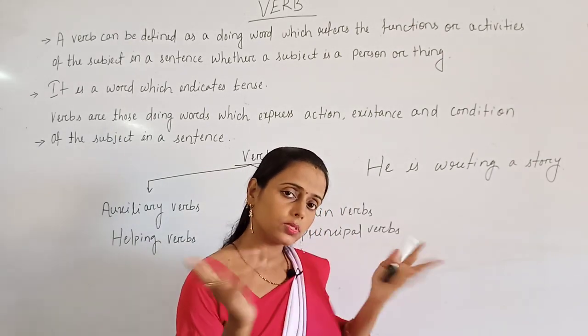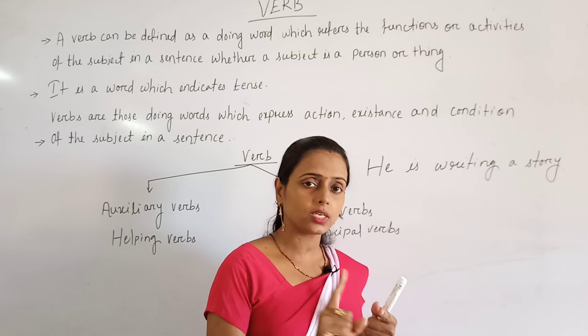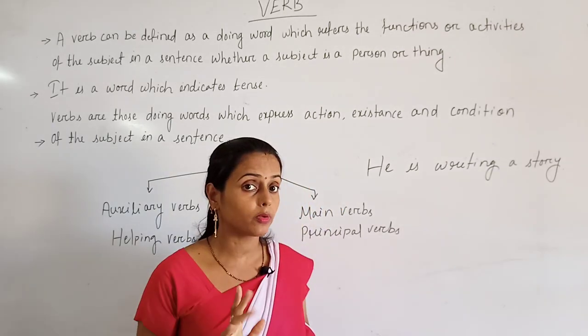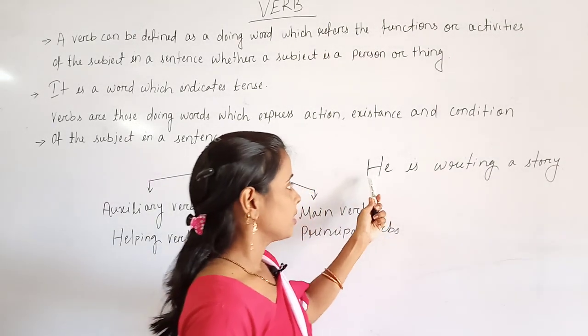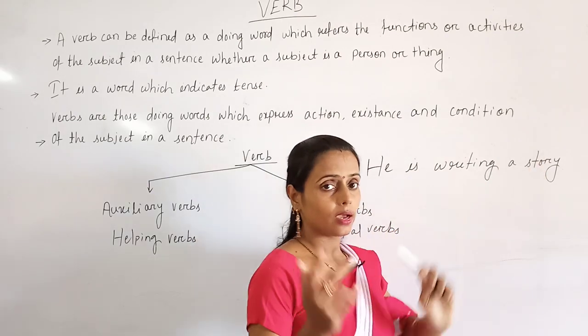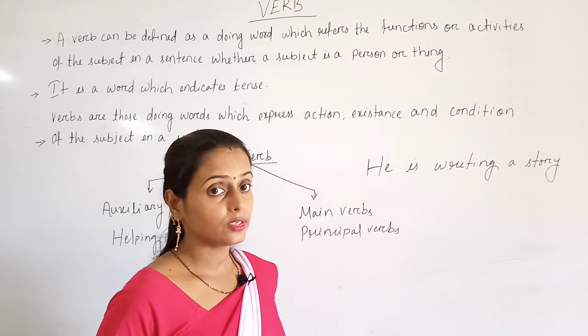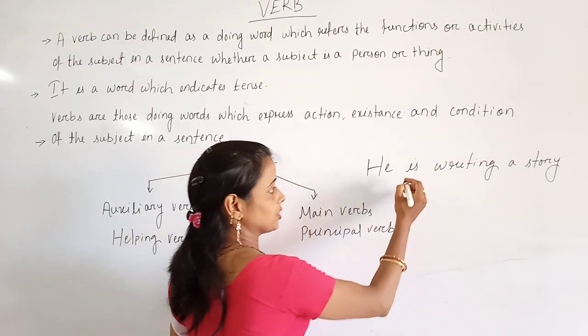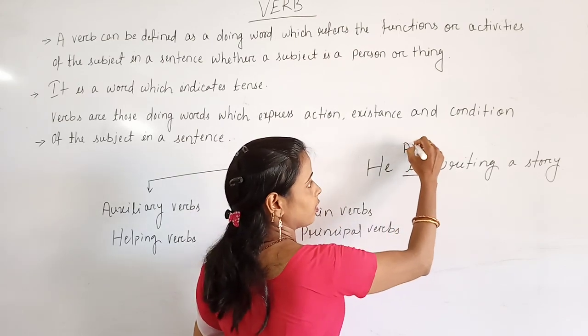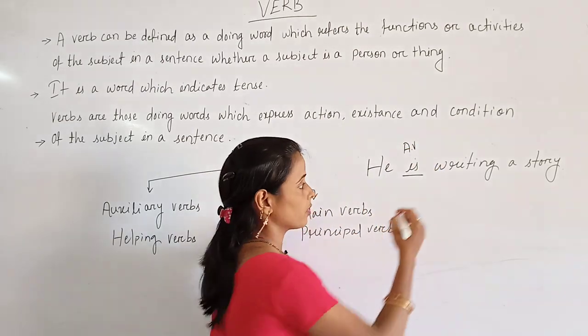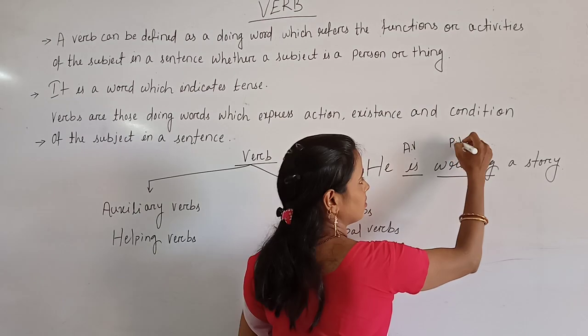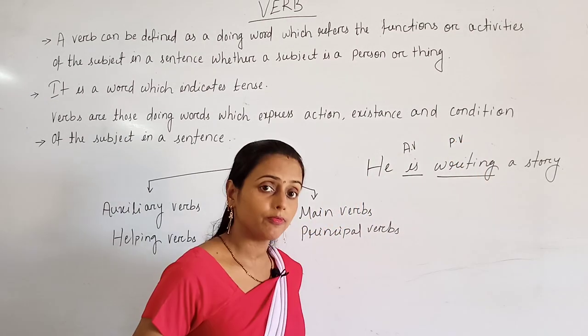I do, sentence over. So in 'he is writing a story', 'is' is the auxiliary verb or helping verb and 'writing' is the main verb or principal verb.